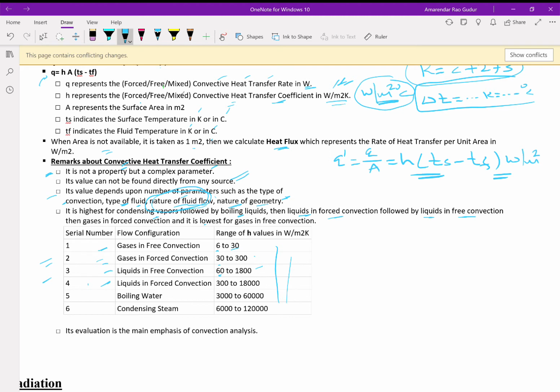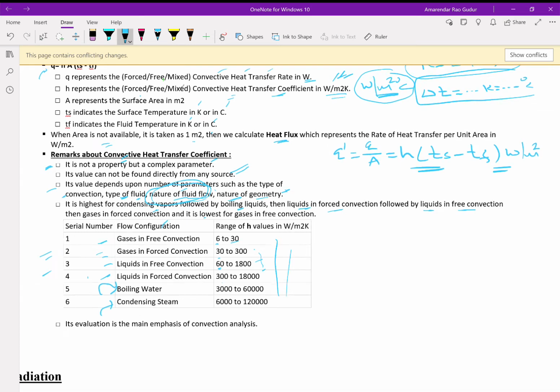When the same liquid is set to flow, it may be 300 to 18,000. For boiling water, it may be anywhere from 3,000 to 60,000. Lastly, for condensing steam, it may be anywhere from 6,000 to more than a lakh, 1,20,000. So these are the typical ranges of h values for various flow configurations.